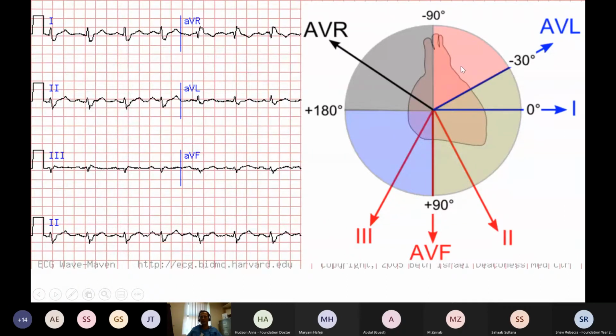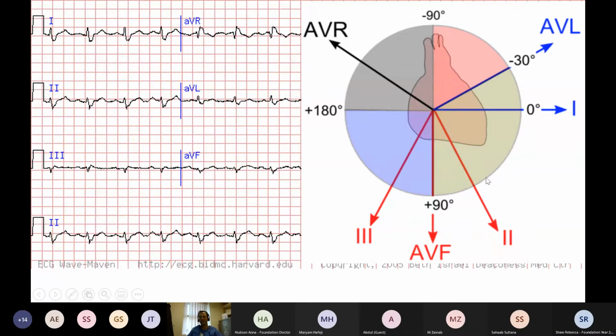Now, the electrical impulse tends to start in the AV node and it then flows through the heart. So it flows away from AVR. So AVR should usually be negative. And it should usually be predominantly positive in lead 2, or maybe 1, or maybe AVF, that sort of area.